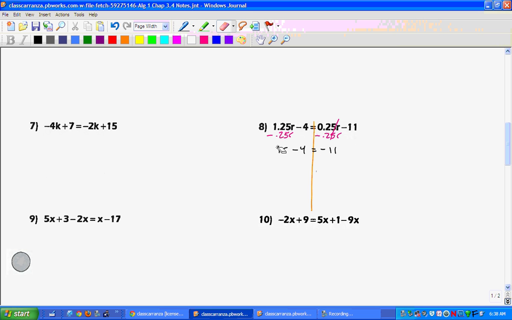And the nice thing about there just being 1 is you really don't need it. Add 4 to both sides. R equals negative 7.